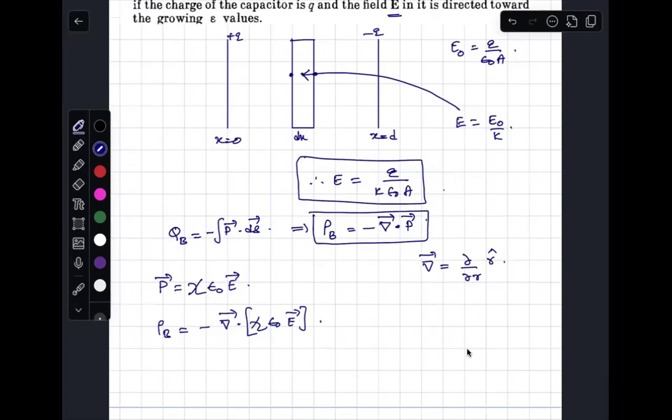Now, finally, what is this term going to be? In this case, there is no doubt with the susceptibility term. There is no doubt with the K naught term. I will write this as minus. That's it.